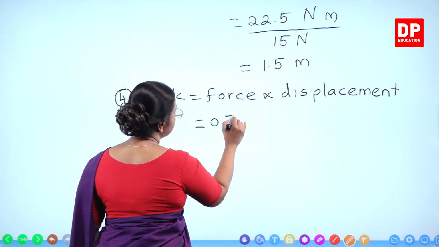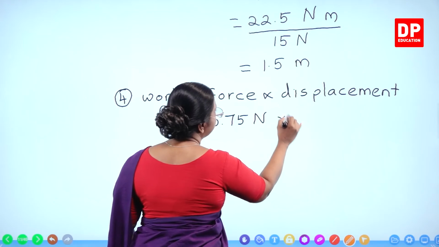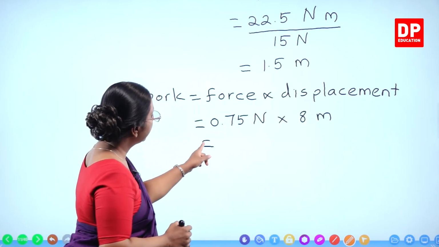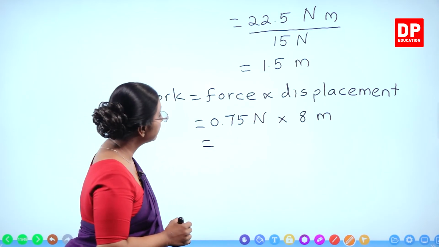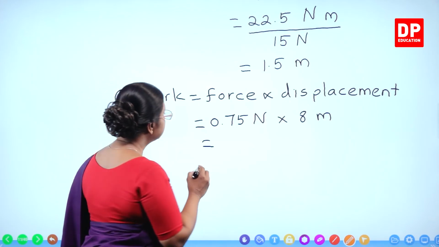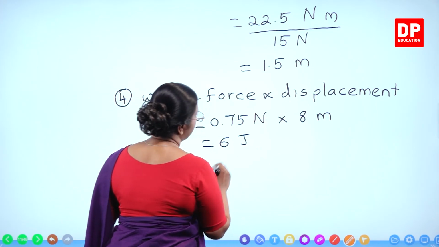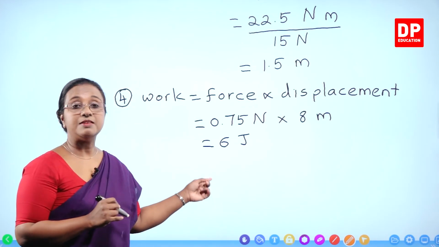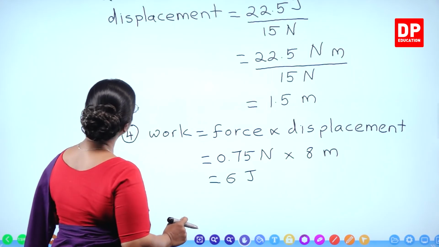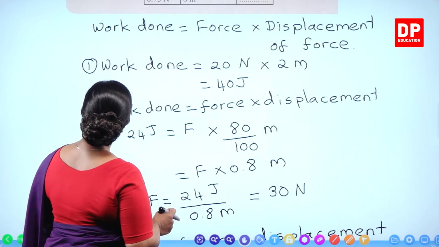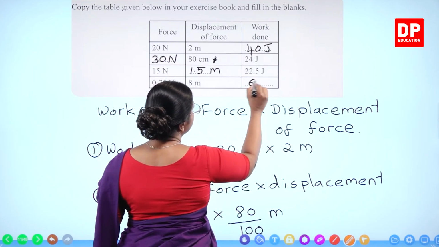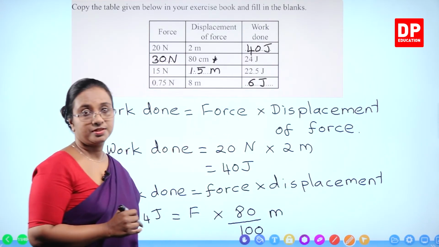Force 0.75 Newton and the displacement 8 meters. So when you multiply 0.75 into 8, that is going to be 6 joules. 6 Newton meters, that will be equal to 6 joules. So if we fill the table, this is going to be 6 joules.